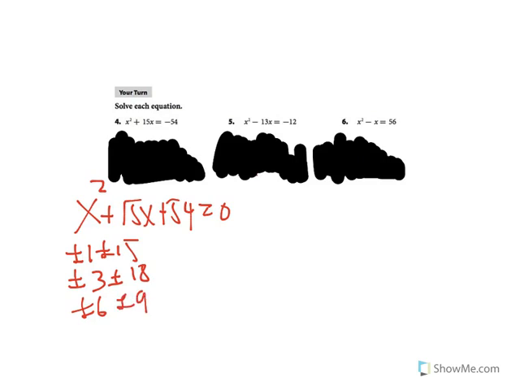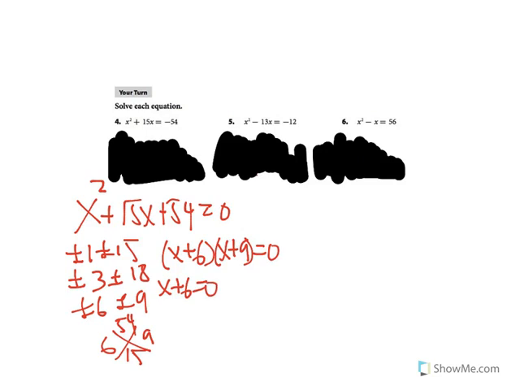And we see that 6 plus 9 gives us 15. So this is 54 and this is 15, so 6 and 9. So then the factored form is x plus 6 times x plus 9 equal to 0. Solve for x. So x equal to negative 6. x equal to negative 9. Right? Okay, let's try number 5.